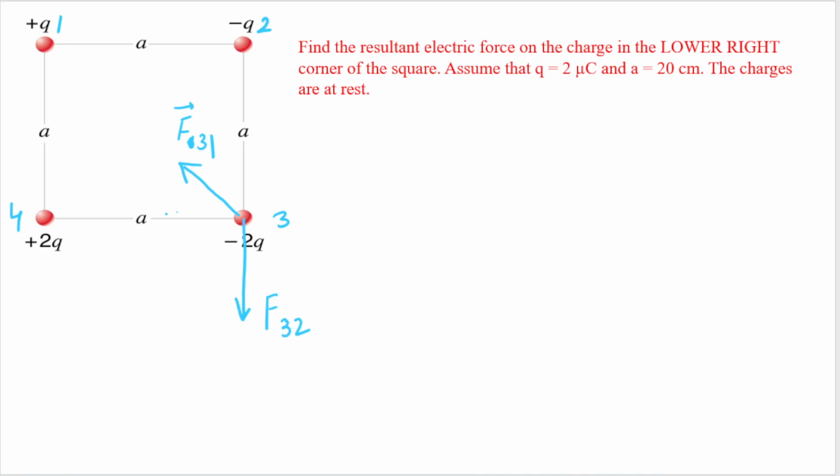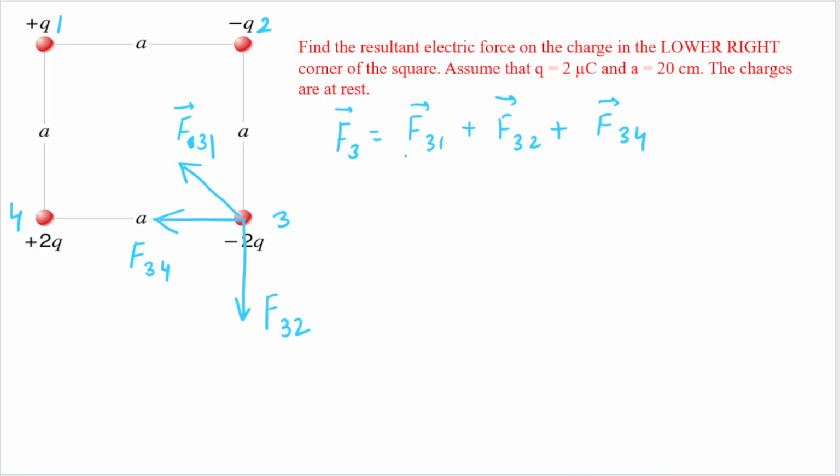Since 4 is plus and 3 is minus, there is an attractive force as shown here, F34. So the net force on 3 will be the vector sum F31 plus F32 plus F34.